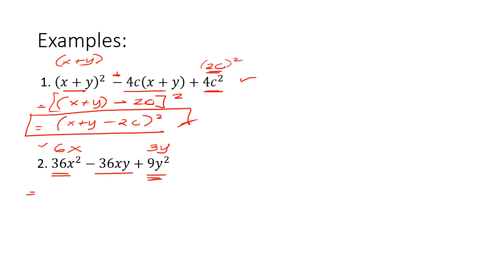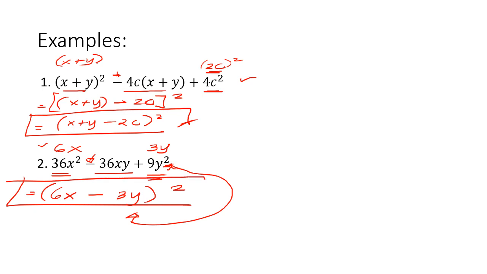So therefore, you could make use of the formula. Now, you will have 6x minus, kasi minus ang operation here, so you need to make use of the subtraction operation. So 6x minus 3y quantity squared, right? If you try to expand this expression here, it should be equal to the given expression. So this one here is the final answer.